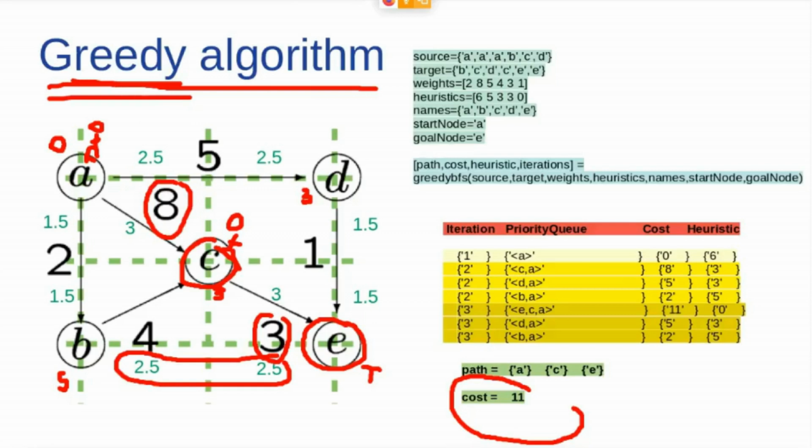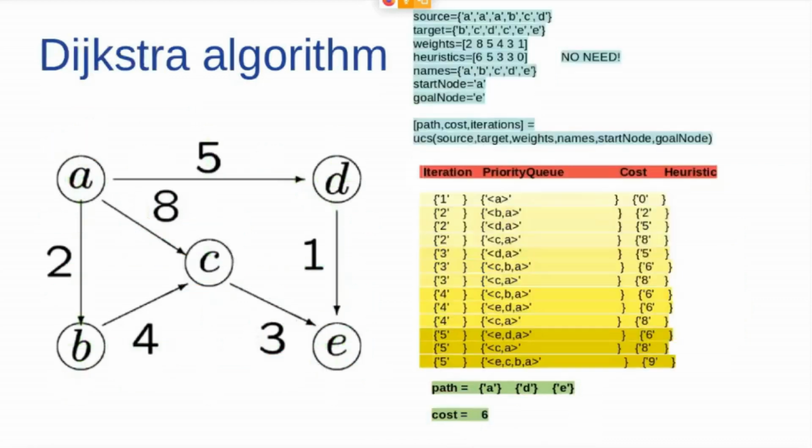So we will make a relaxation of the problem, a simplification of the problem, by means of the A star algorithm. That's like a mixture between the greedy and the Dijkstra algorithms, right?